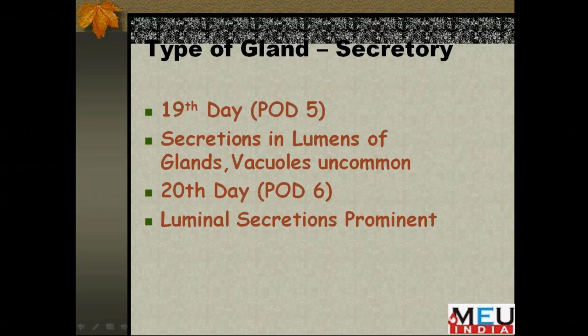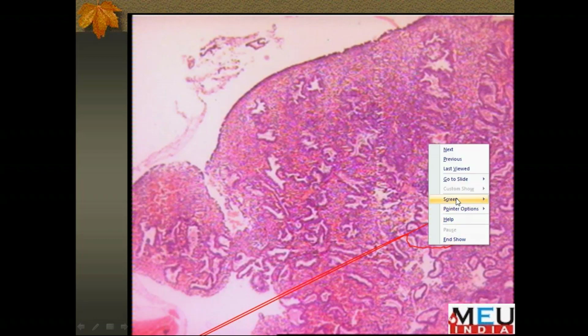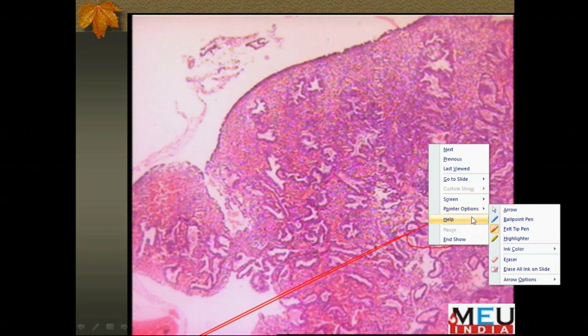And after that, prominent spiral arterioles start appearing in the stroma. These small arterioles start appearing inside the stroma, and they bring more and more blood. They increase the blood supply of the stroma and provide nutrition to the endometrium. Now, however, a new phenomenon starts appearing around these blood vessels.